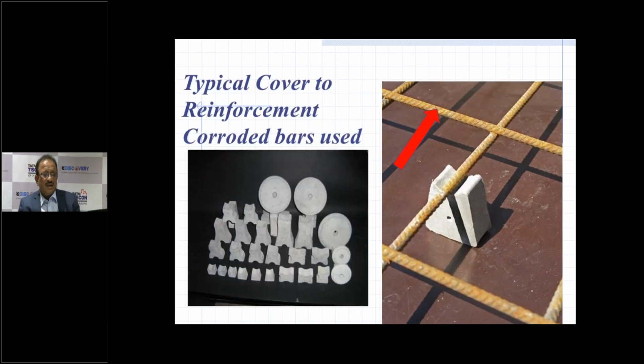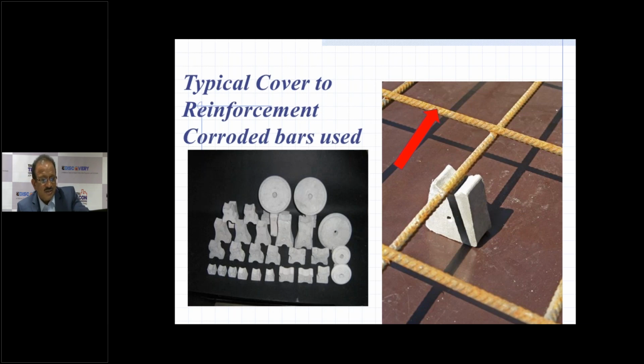What you can see here now is a typical cover reinforcement which is recommended. You can see these concrete cover blocks, so neatly finished, smooth, and highly impermeable. These blocks are made with high strength mortar, and these are recommended.